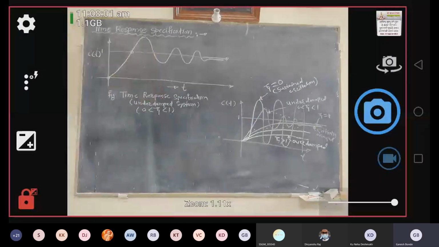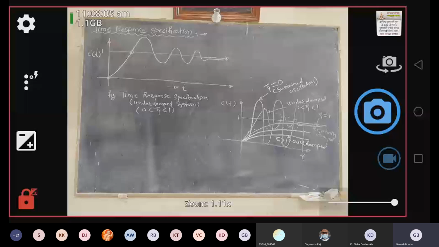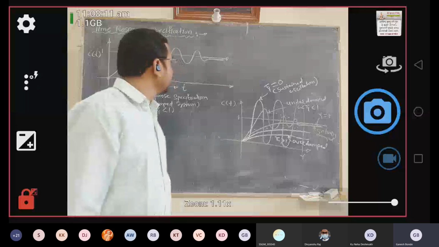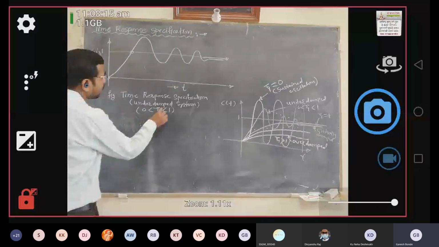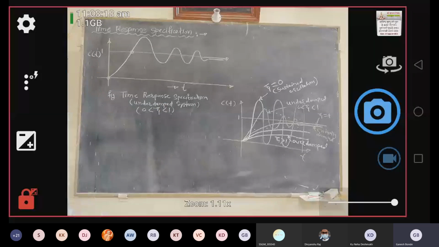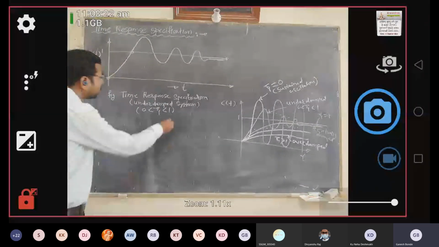So give the next heading, time response specification. Our next part in unit number 3 is the time response specification, and we are basically dealing with it only for the case of underdamped type systems. Why are we determining time response specification for this case only?